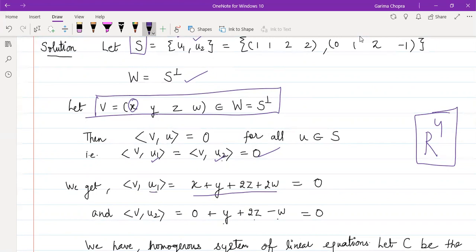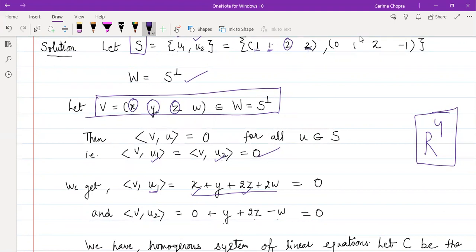If we see this vector U1, its first component is 1. So the product will be x. Now, the second component of this vector v is y. The second component of this vector U1 is 1. So this product will be y. And similarly, now here we have 2, here we have z. The product will be 2z. So we have here 2z.